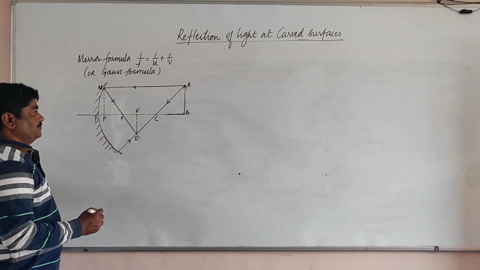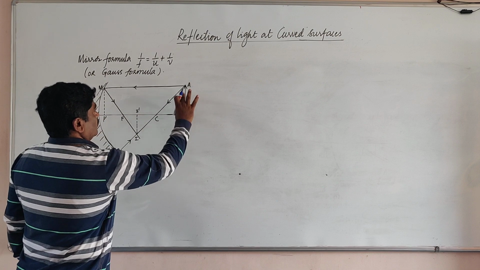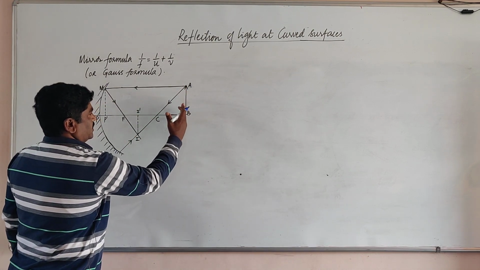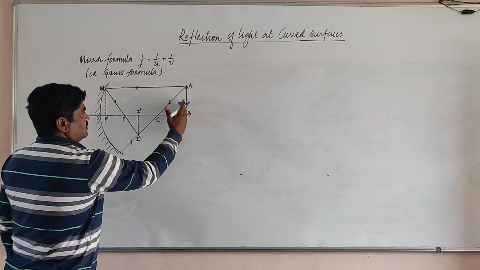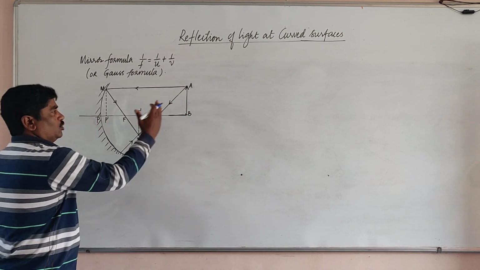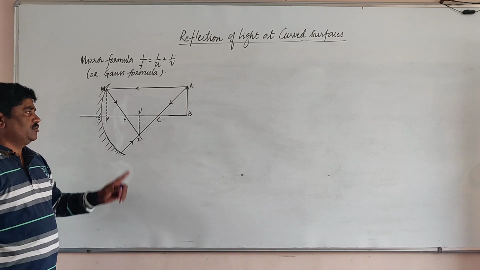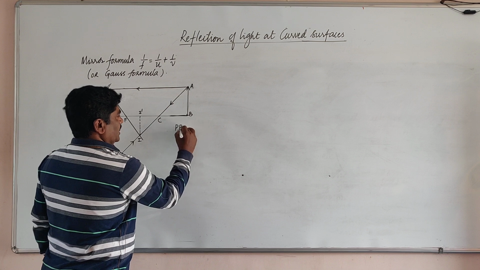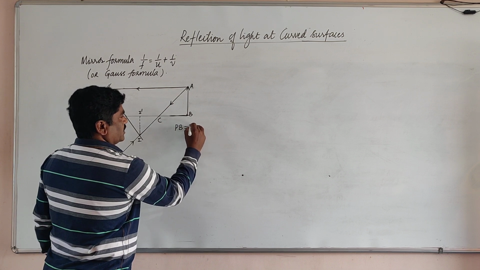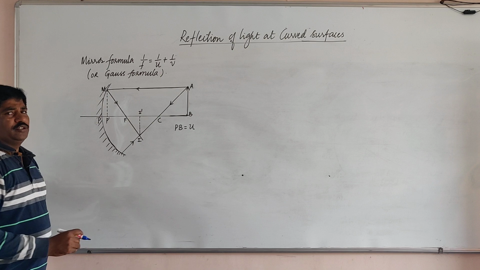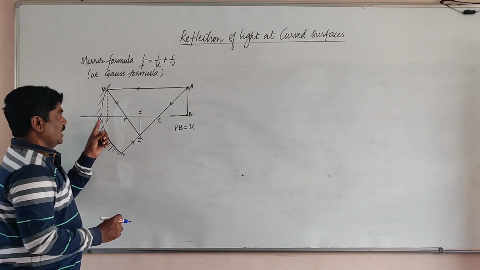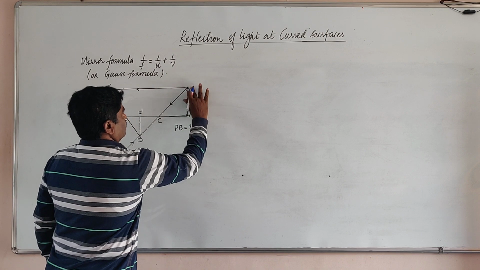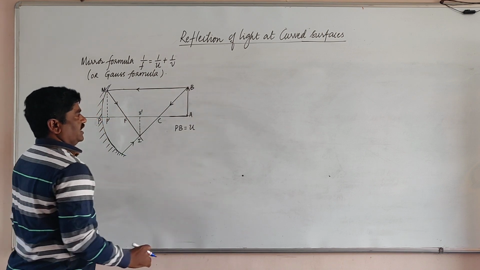Now, as per this situation and according to the sign convention, the object is kept beyond C. The distance measured from the pole to the object is called the object distance. So here let us say P to B is the object distance, denoted with u, and you can write this as AB also, which is erect.